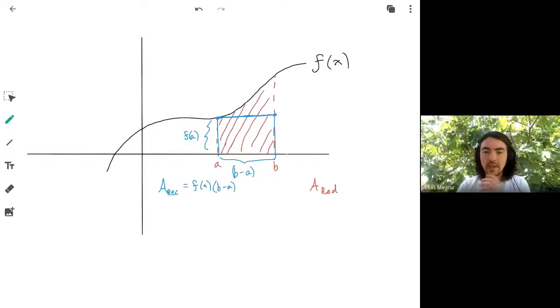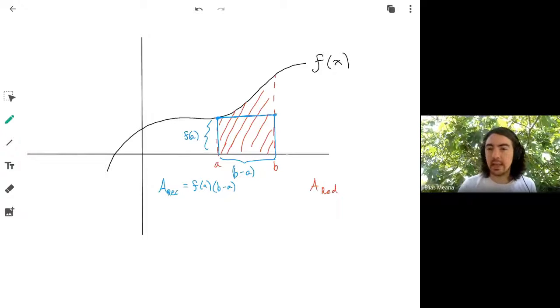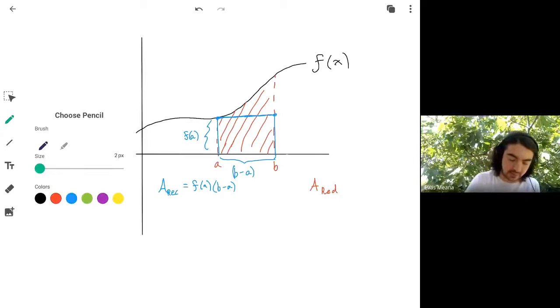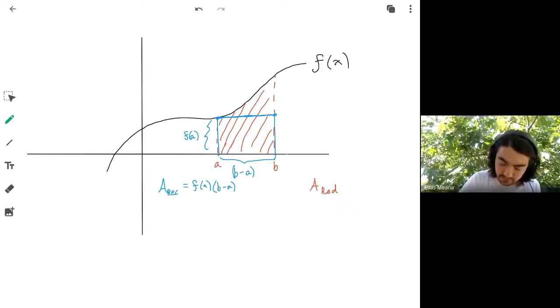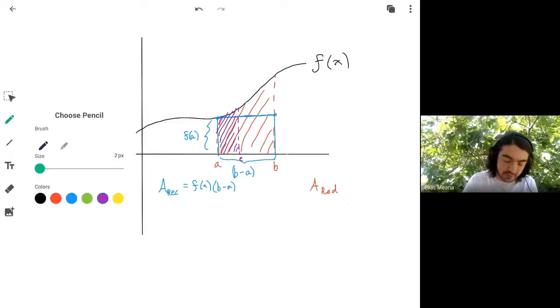That's one option. And the other option is to say, well, let's say for a second that we don't want to actually find the area of this red shape. Let's find the area of a slightly different region. Okay, so I'll add another point here. We'll call it point C. Say we want to find the area of this purple region. Well, let's do the same thing we did before with our rectangle approximation.